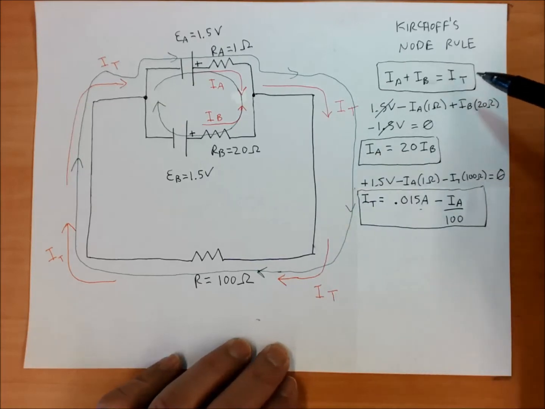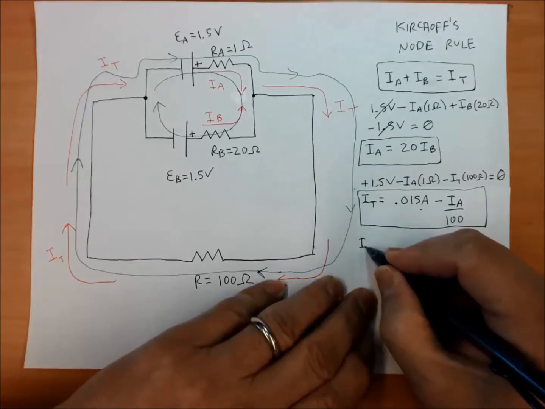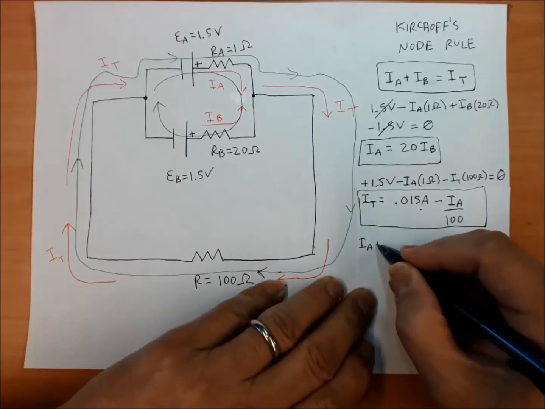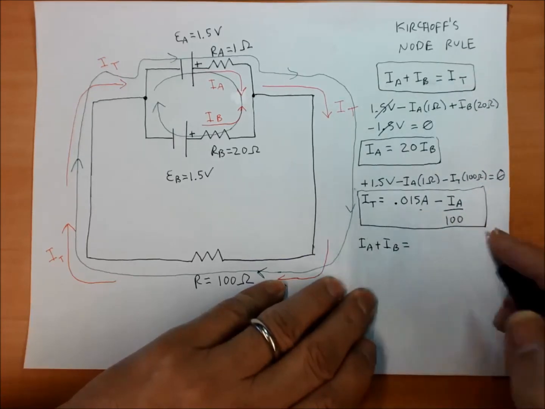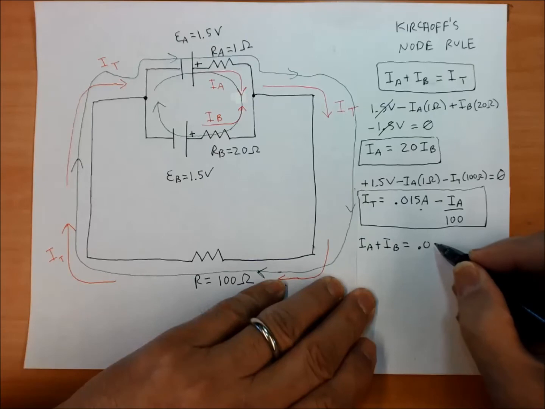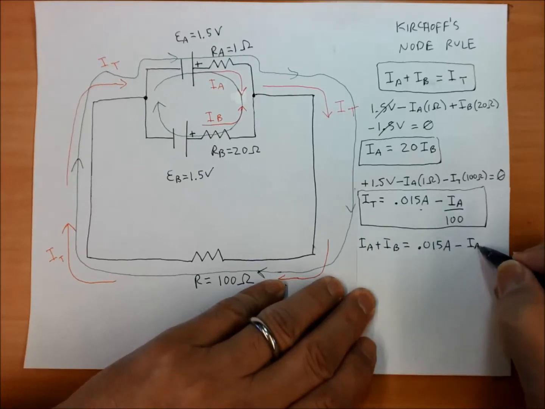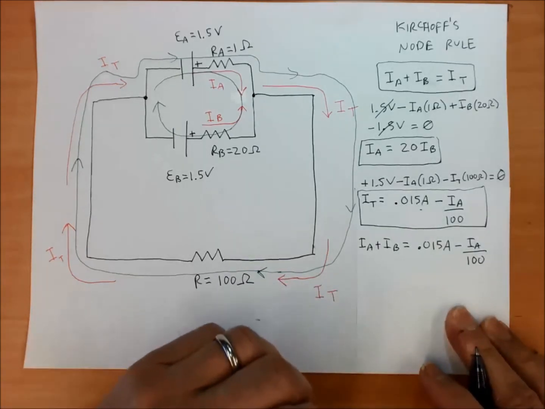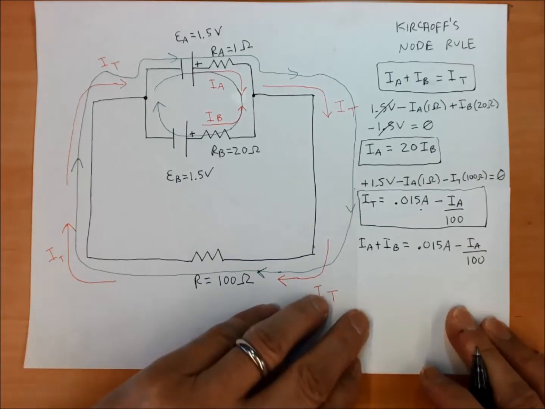What I can do is set this I sub total equal to this I sub total. And I get I sub A plus I sub B from this equation is equal to I sub total from this equation, which is 0.015 amps minus I sub A divided by 100. And I'm going to combine some terms, getting all the I sub A's together on one side.